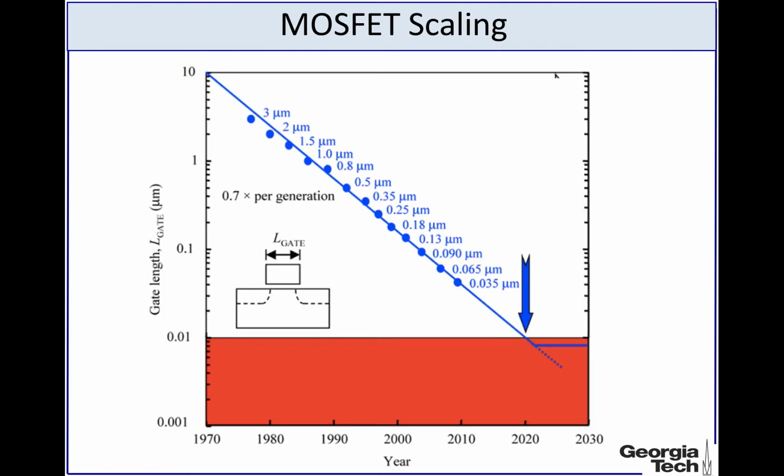Alright, so scaling. We have been talking about scaling in this class from the very beginning, and this is essentially an amazing feat the industry has achieved over the last 40 years.